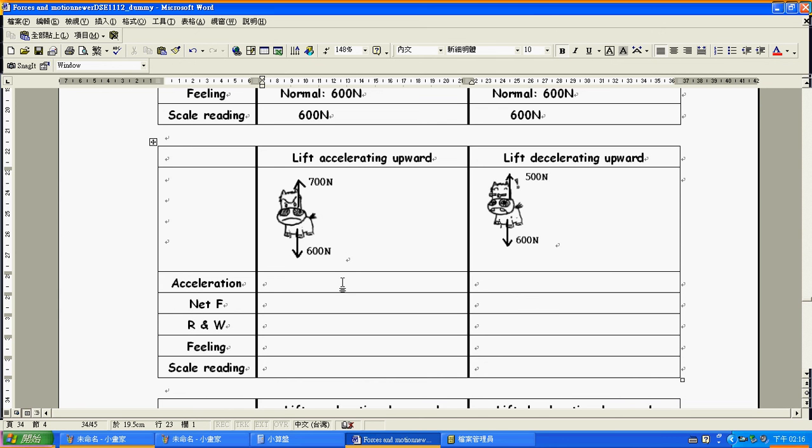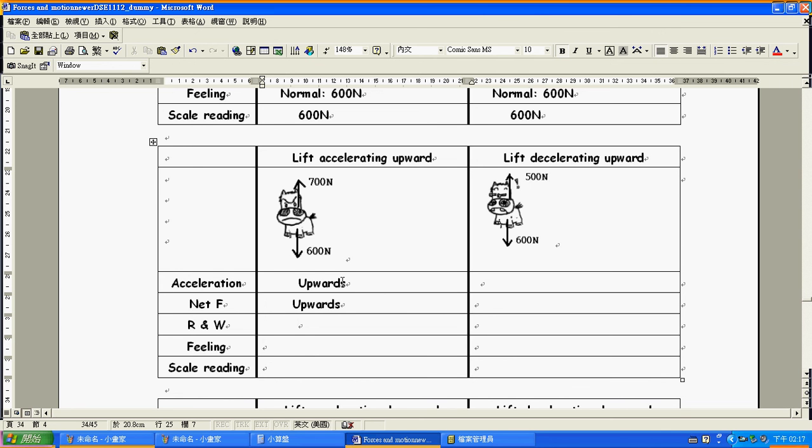Okay, let's look at it. In the first case, acceleration is upwards. And the net force must be upwards in order to produce an upward acceleration.